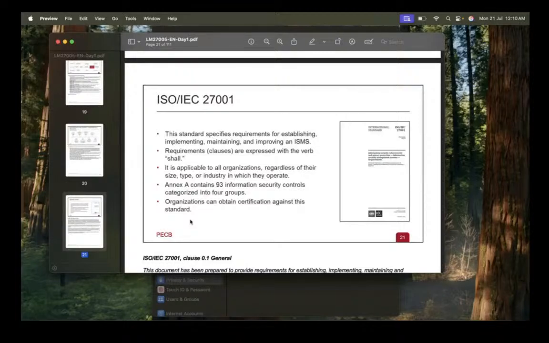As we discussed before, if a company does not have these important standards or licenses, then the credibility goes down for them. Similarly, for this standard, organizations can obtain the certification.